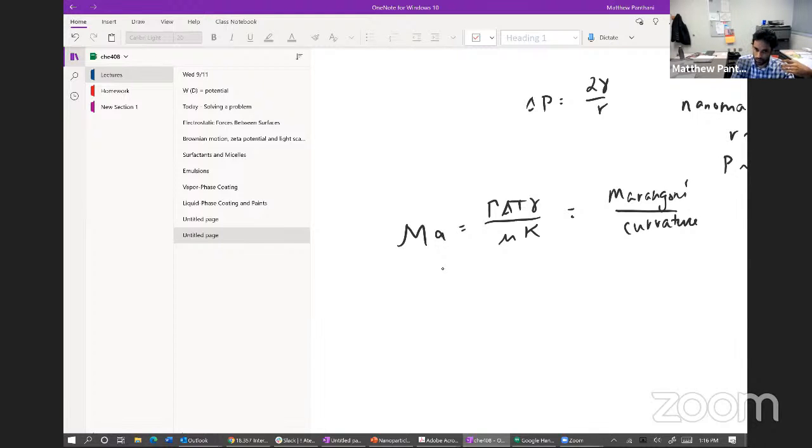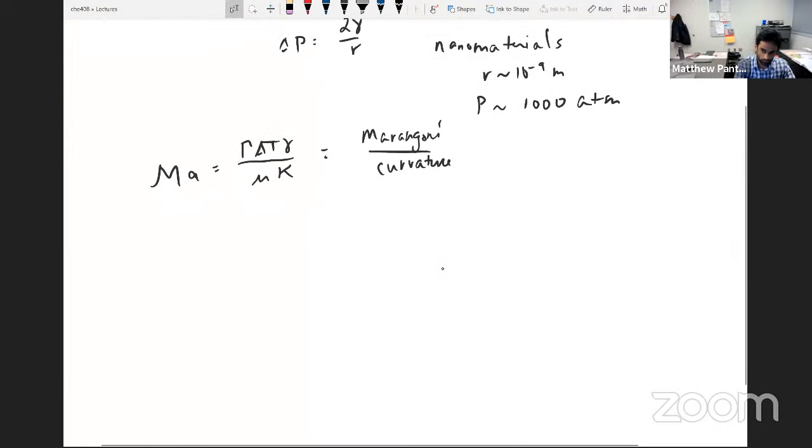To get an idea of how these droplets break up, how big are they, and how do they evaporate? So let's think about that question, let's say in the case of aerosol, but these can apply to other systems too.